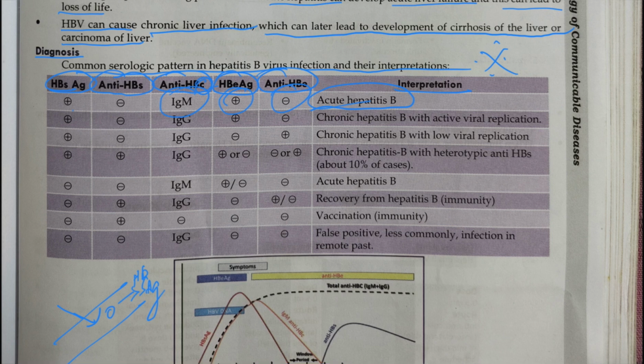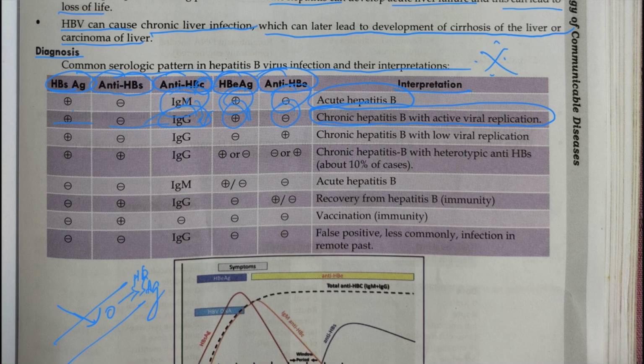Still HBs antigen is found, its antibody is not found, and this IgM gets converted to IgG, and HBe antigen is present, and still anti-HBe is not found. Since IgM becomes IgG, this becomes chronic hepatitis B with active viral replication.